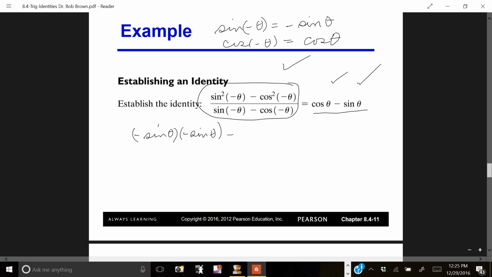Minus cosine squared of minus theta is cosine of minus theta, which is cosine of theta, times another cosine of minus theta, which is cosine of theta, divided by sine of minus theta is minus sine of theta. And cosine of minus theta is cosine of theta.